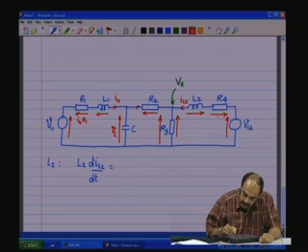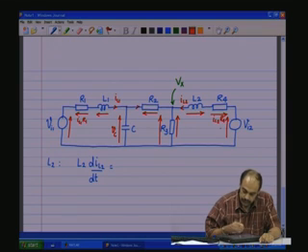And the voltage across R4, of course, we know this is IL2 into R4, and the voltage across this is nothing but Vx.